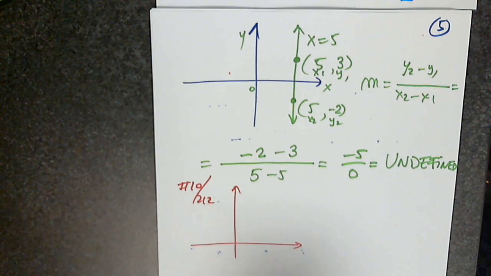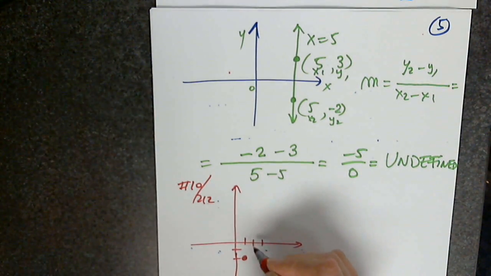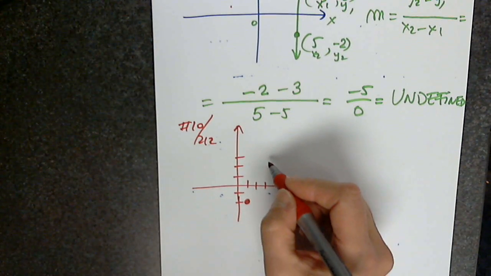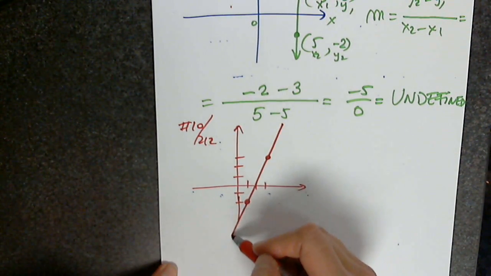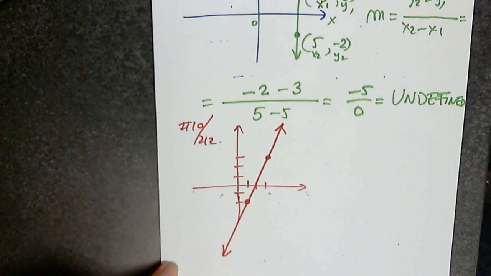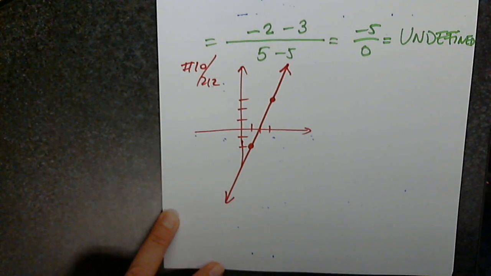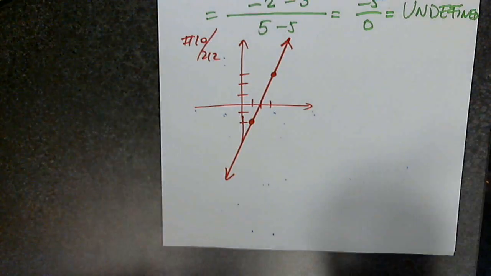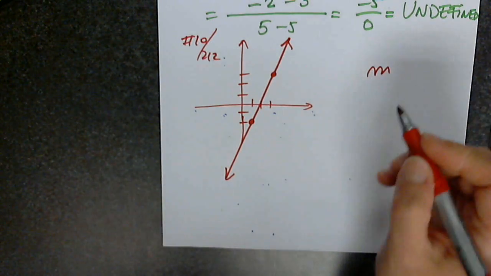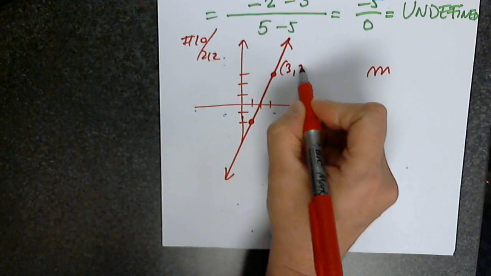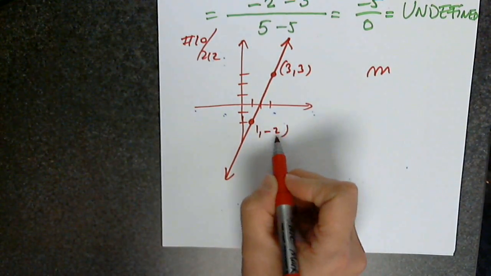And we are given 1, negative 2, and I see 3, 3. So we are given this line, and we're asked to find the slope. So one more time, 3, 3, and 1, negative 2.